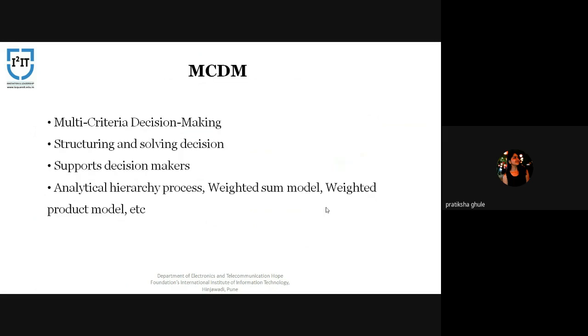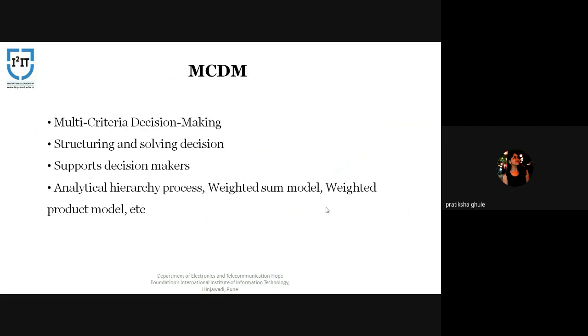Now the MCDM. MCDM is basically multi-criteria decision making. So what is multi-criteria decision making? It's basically considering multiple objectives or criteria together in order to rank or choose between the alternatives.